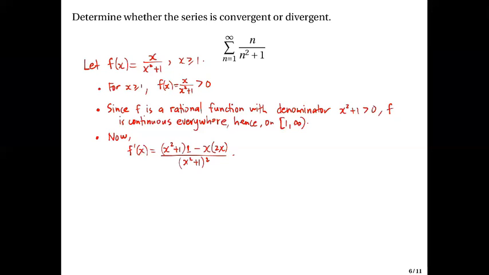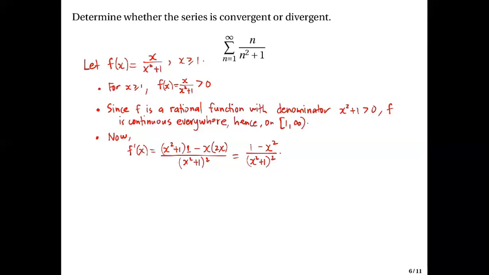Then we simplify the numerator. The numerator is x squared plus 1 minus 2x squared. This is 1 minus x squared over x squared plus 1 quantity squared.